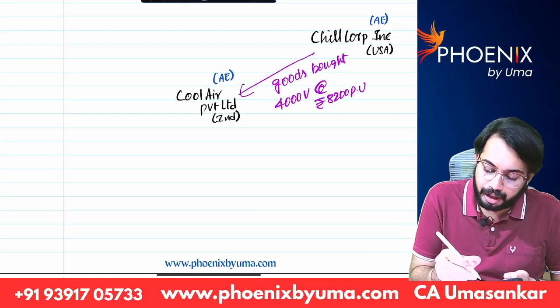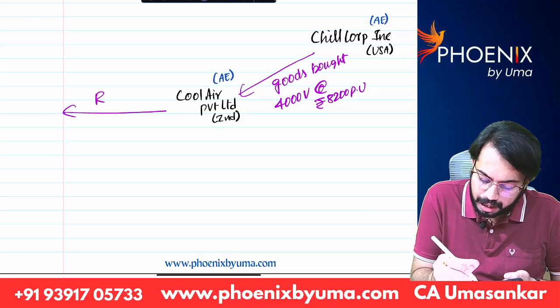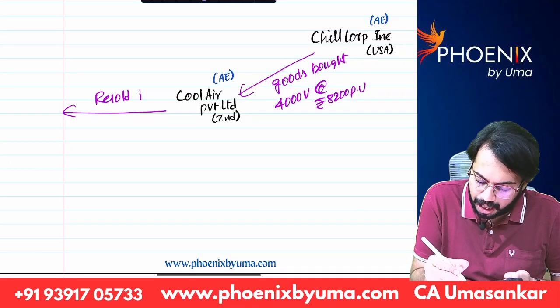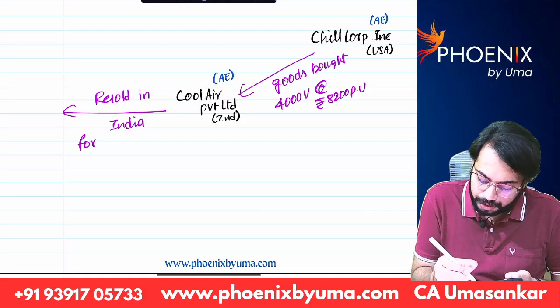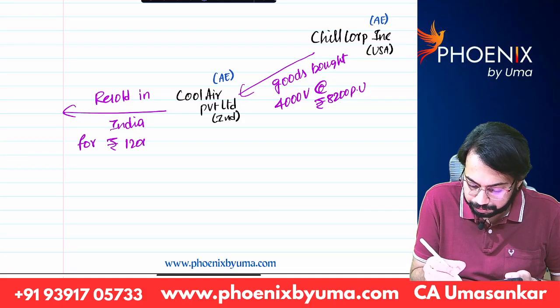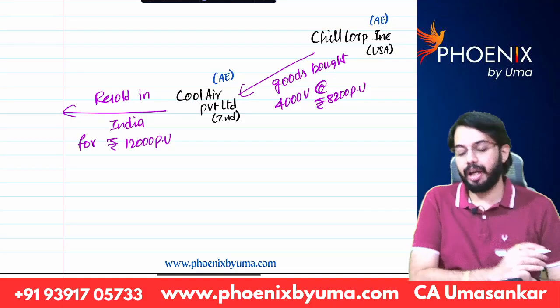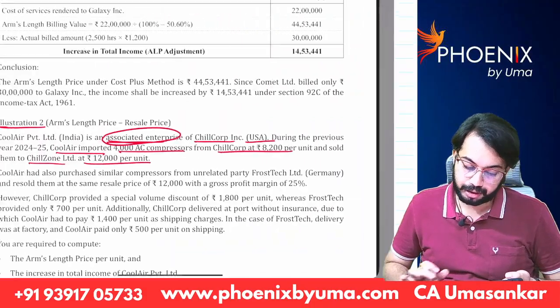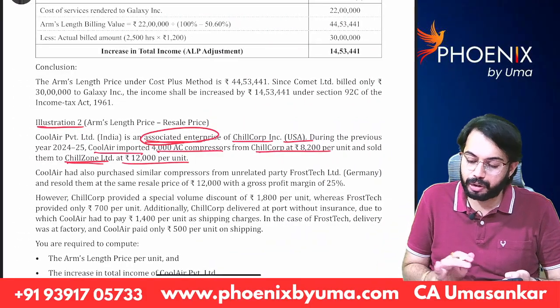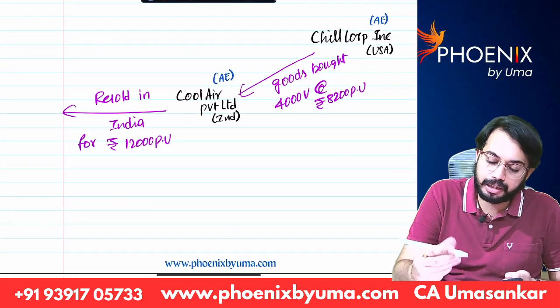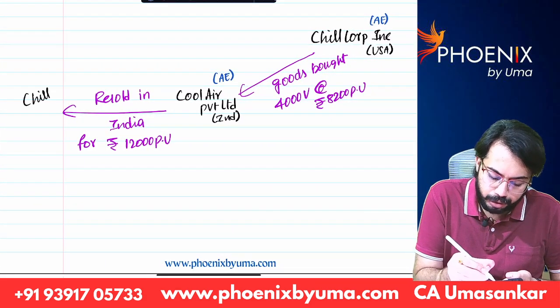Next, whatever goods were bought are resold in India at rupees 12,000 per unit. They are resold to another company, Chill Zone Limited.